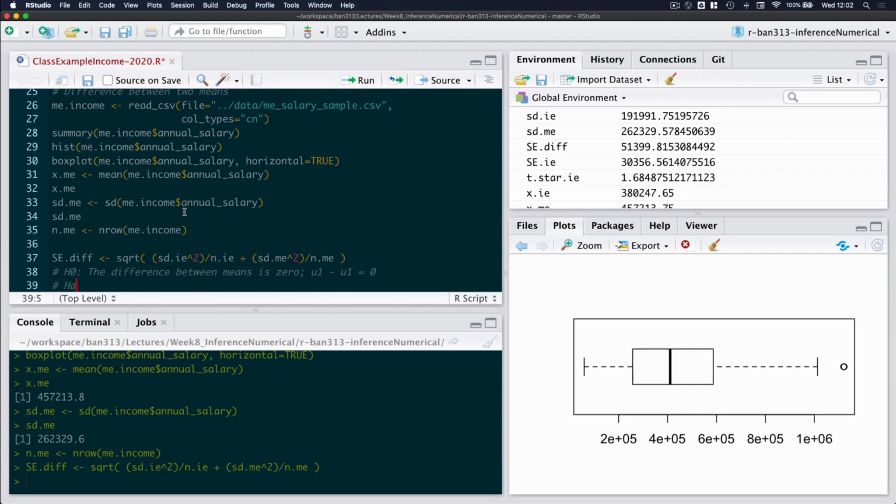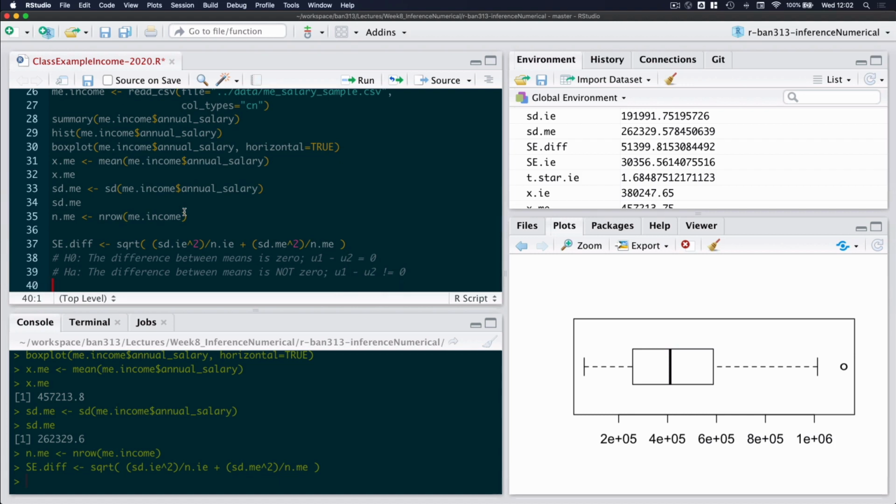And my alternative hypothesis is not 0. Or stated otherwise, oops, that should be mu2. Mu1 minus mu2 is not equal to 0. So there's my kind of null and alternative hypothesis. I've got my standard error.